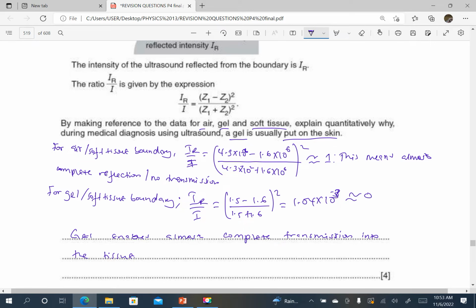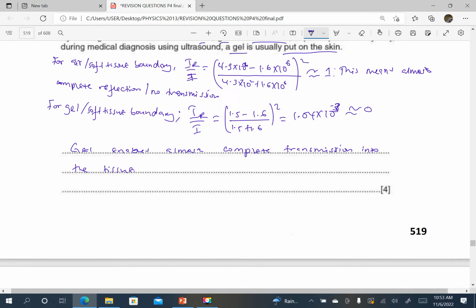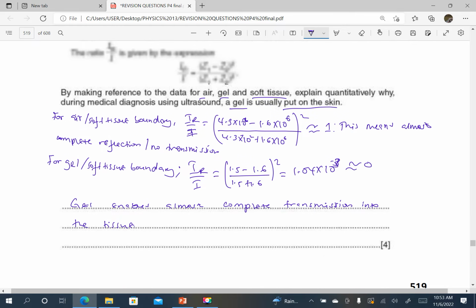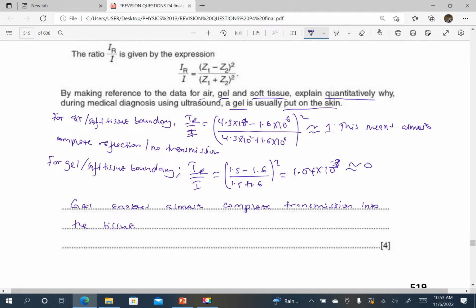Gel enables almost complete transmission into the tissue. Okay, so those are the 4 marks. They said explain quantitatively, so you must include all that.